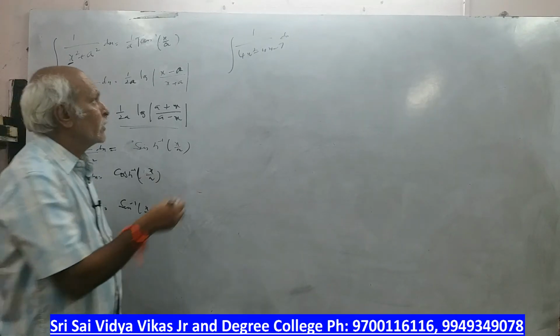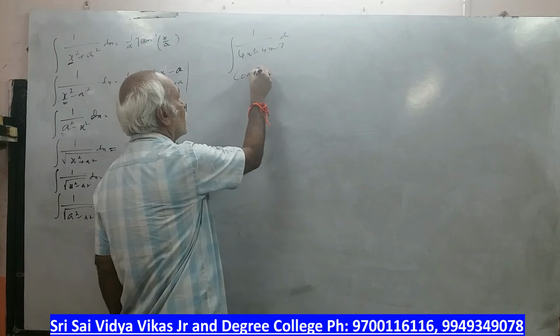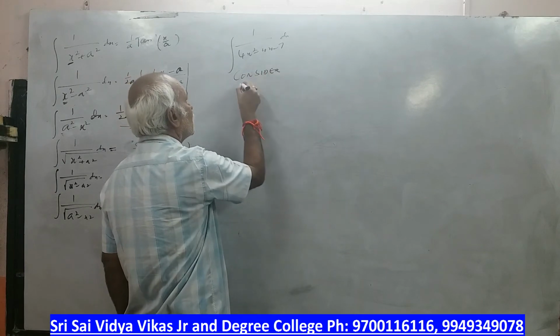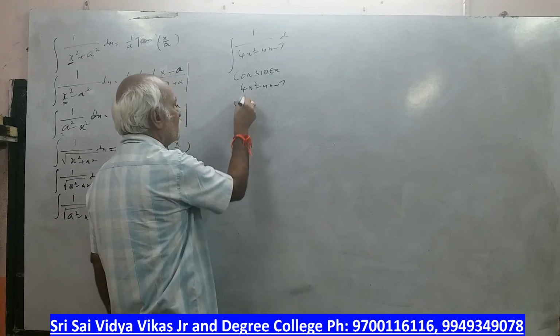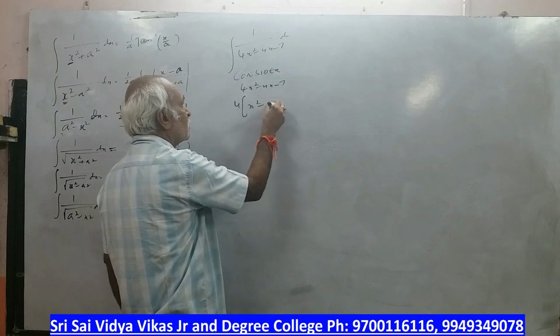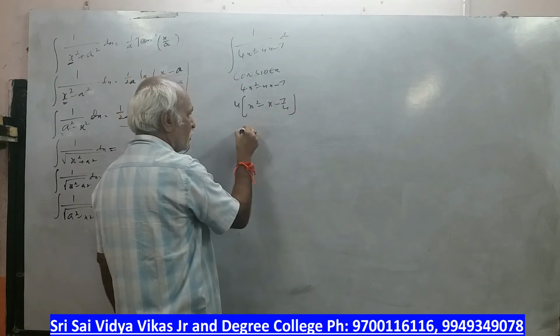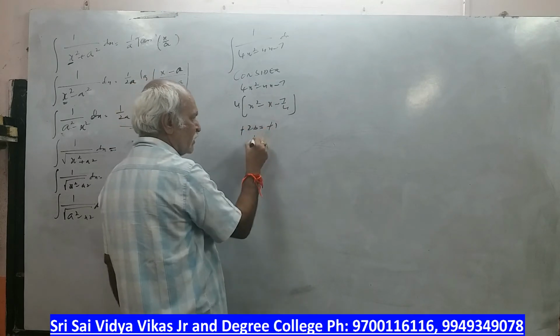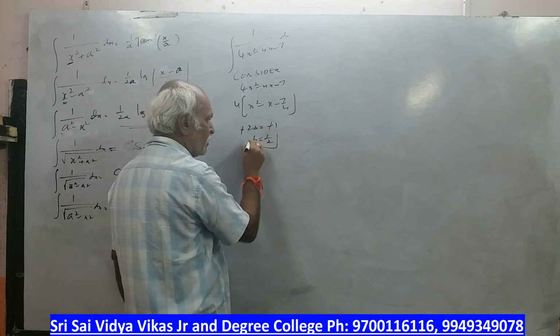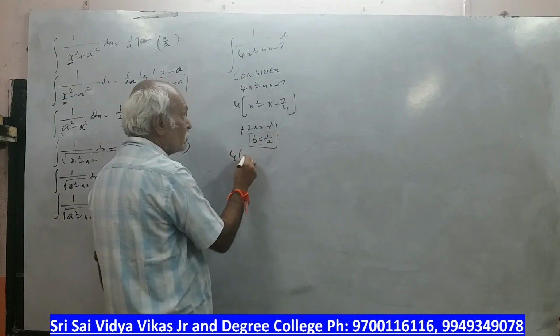Next, 4x square again minus 7. 4 common. 4. Minus 2b is equal to minus 1. X coefficient is minus 1. Minus minus will get cancelled. B is equal to 1 by 2.